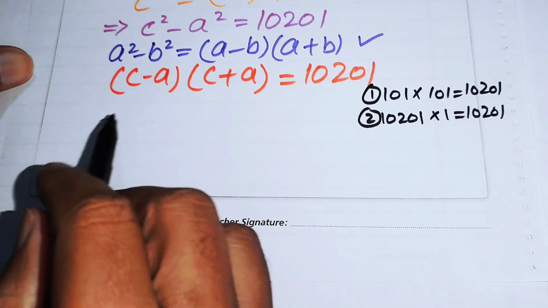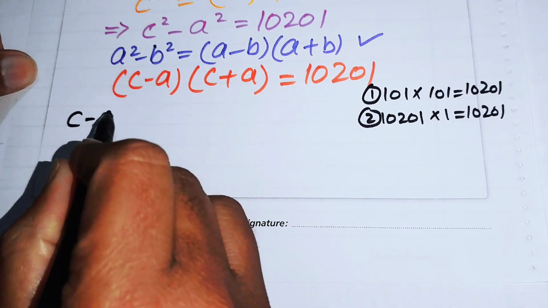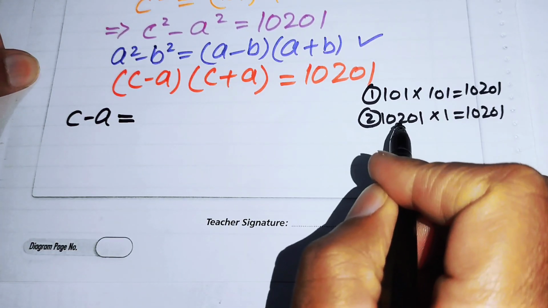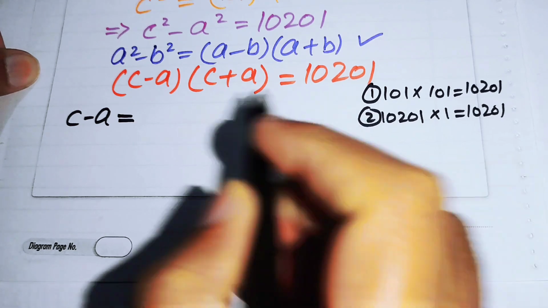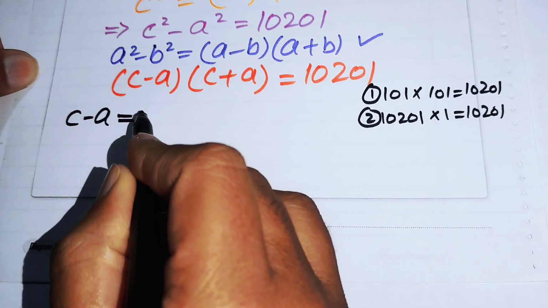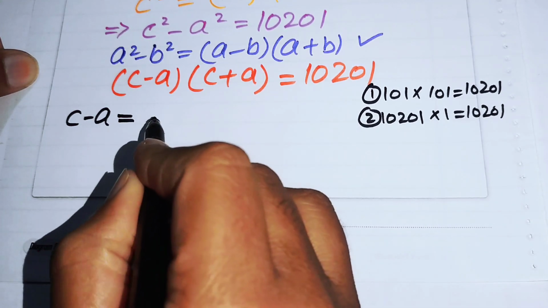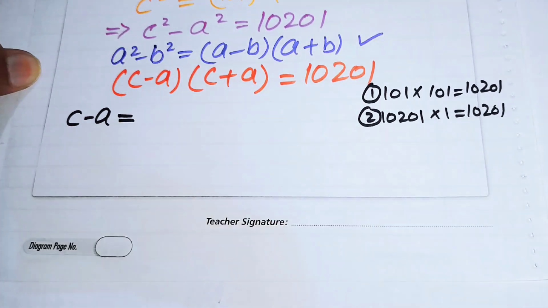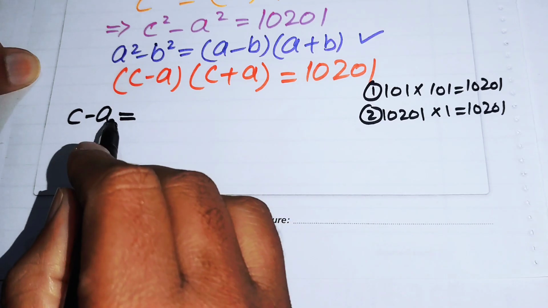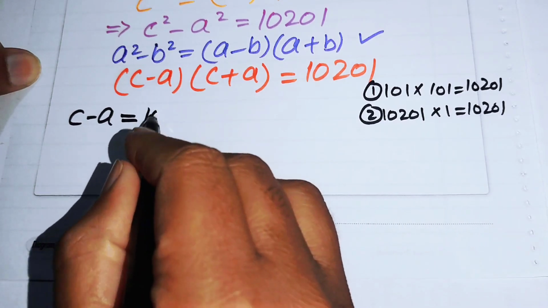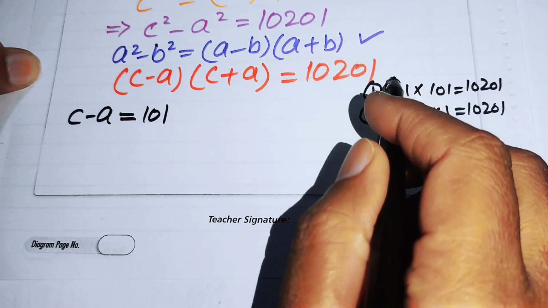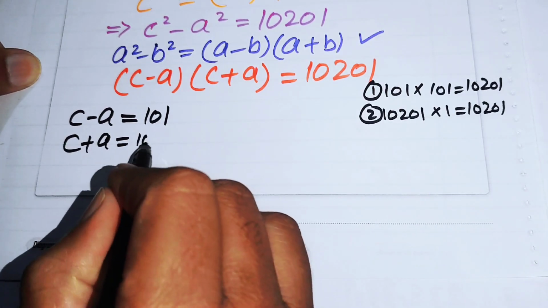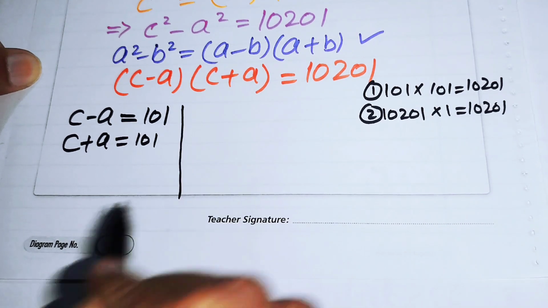Here we have c minus a times c plus a equals 10,201, and according to the first case, c minus a equals 101 and c plus a also equals 101.